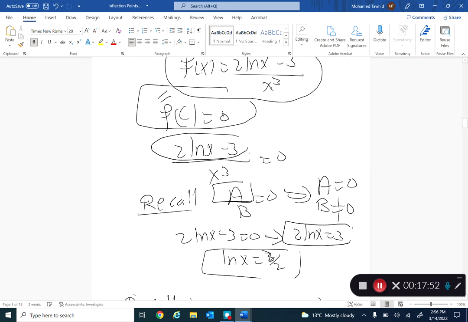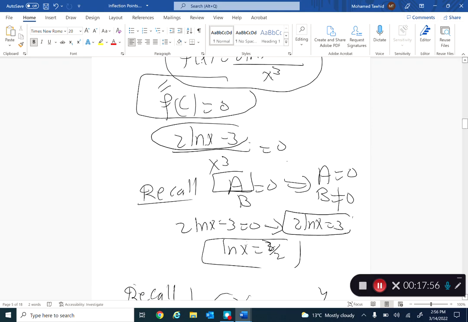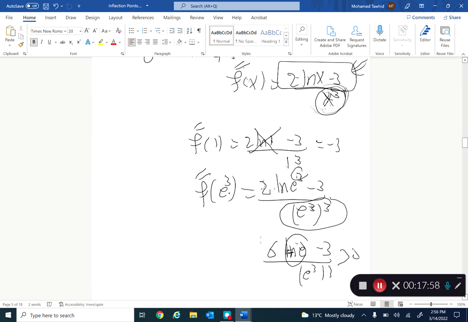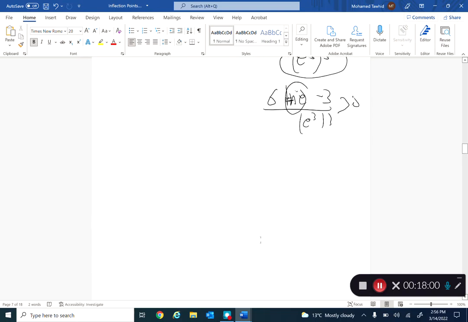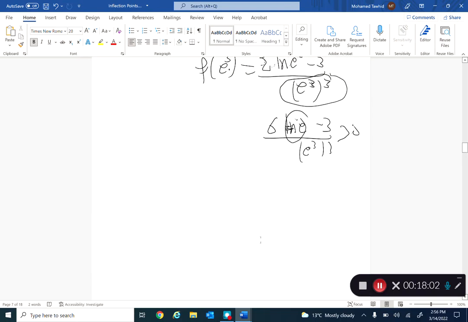I checked it is inside the domain, and the concavity changes. So the conclusion is that x equal 4.5 is an inflection point, but I have to figure out f at 4.5, because you must have x and y.